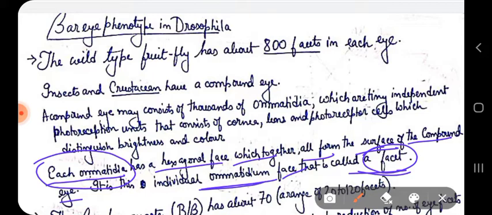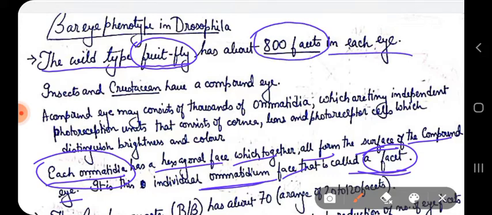So the wild type fruit fly, whose scientific name is Drosophila melanogaster, has 800 facets in each eye. Within each eye there are about 800 facets, which are the small eyes that make up the compound eye of Drosophila. Okay, so what's the problem?